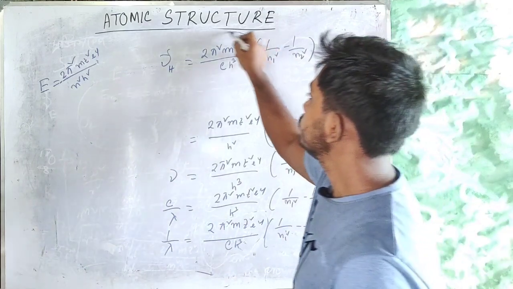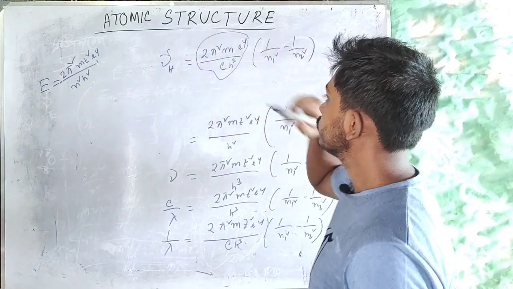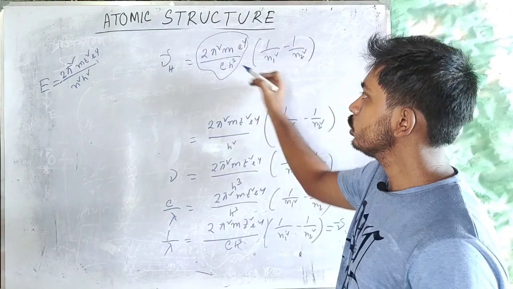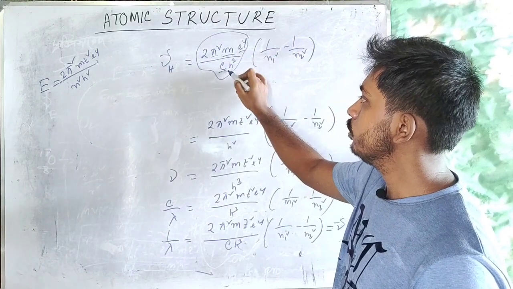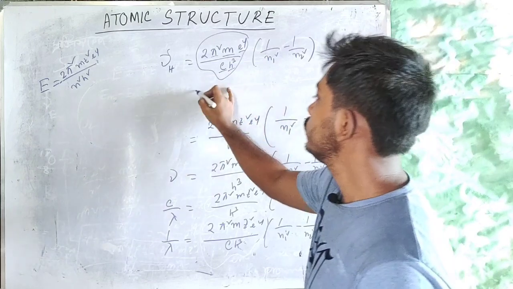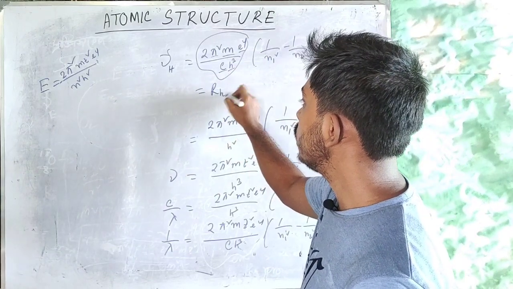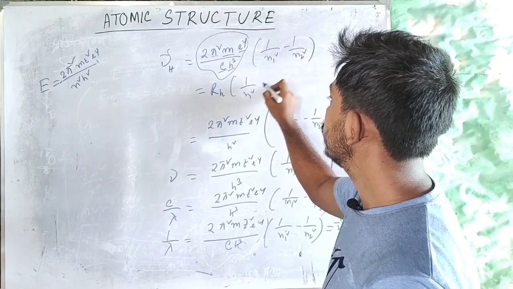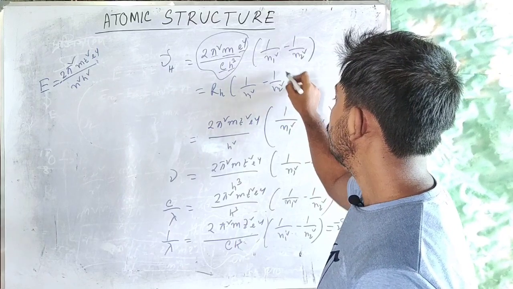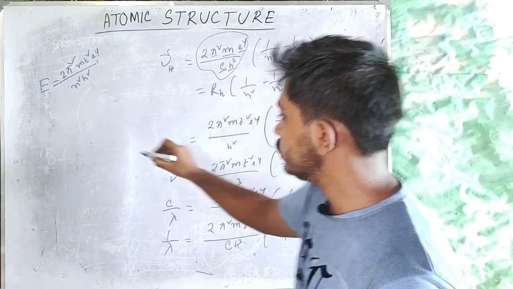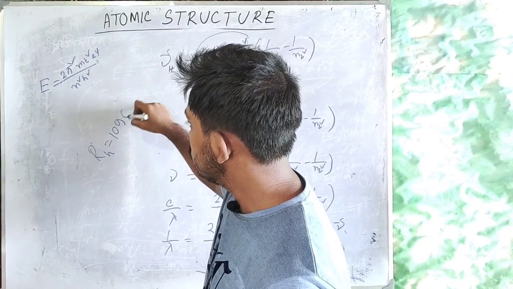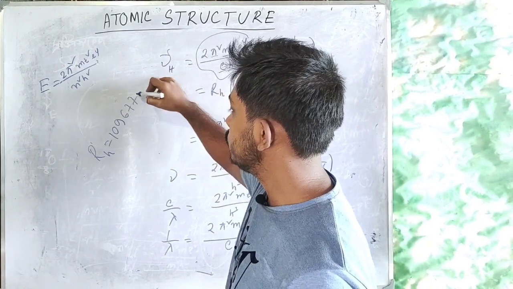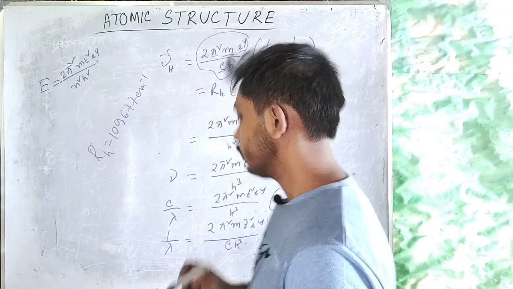In this term, all the terms are constant: pi, mass of an electron, charge of an electron, velocity of light, h is Planck's constant. This is termed as Rydberg's constant, RH, into (1/n1² minus 1/n2²). The value of Rydberg's constant is 109677 centimeter inverse.